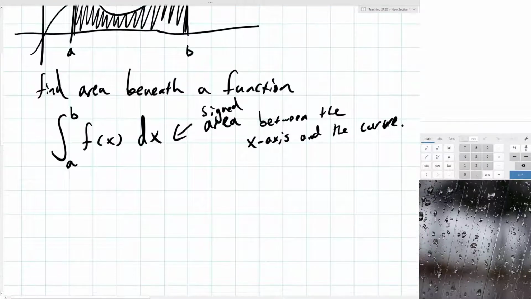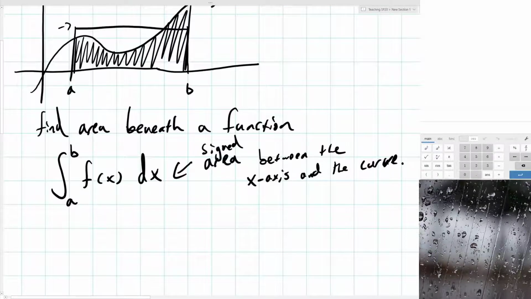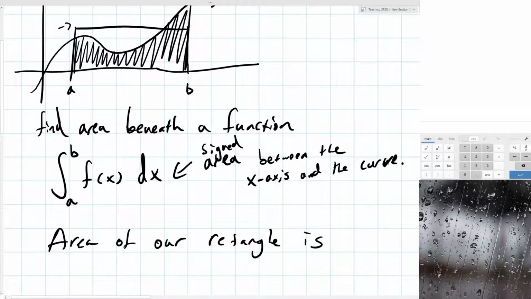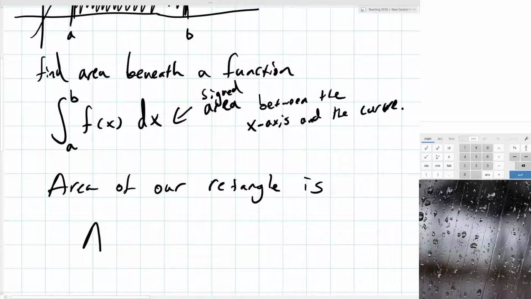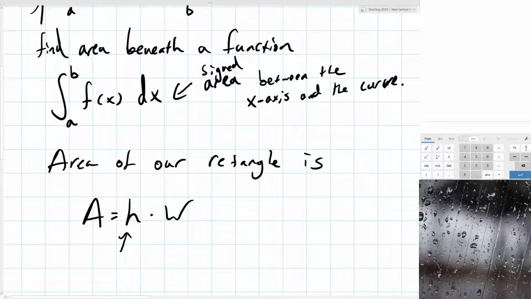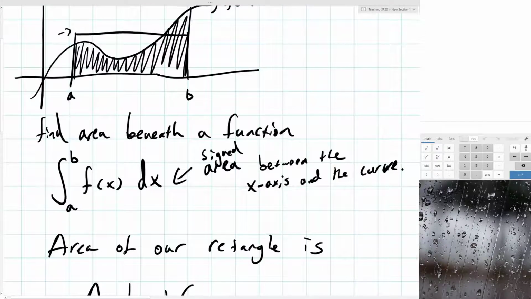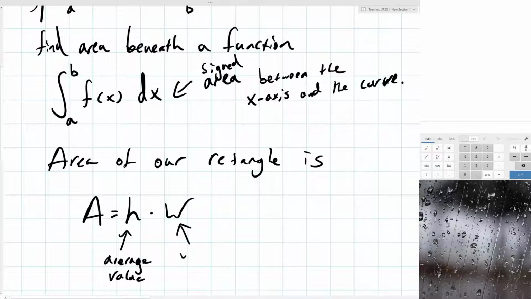And if we take a rectangle, the area of our rectangle is A equals h times w, where the height of the rectangle is the average value of the function, and the width of the rectangle is the same as the interval that we're looking for. So width of interval.